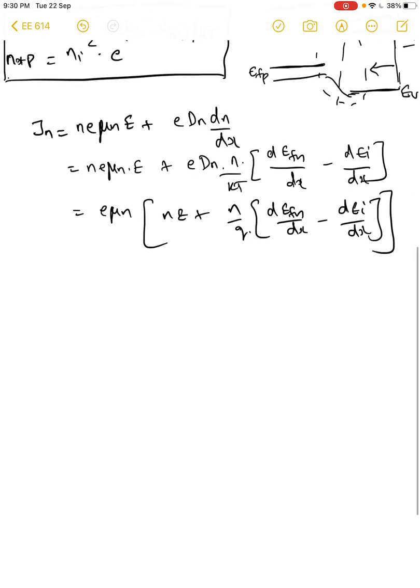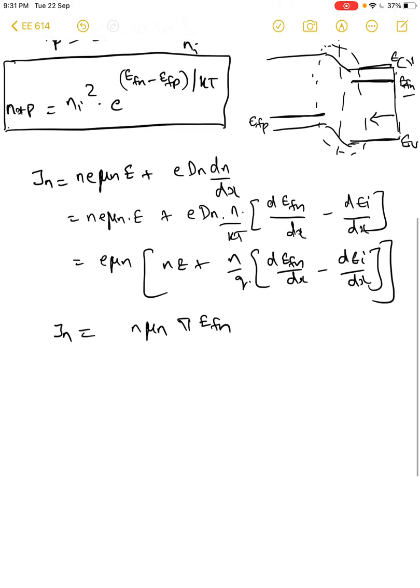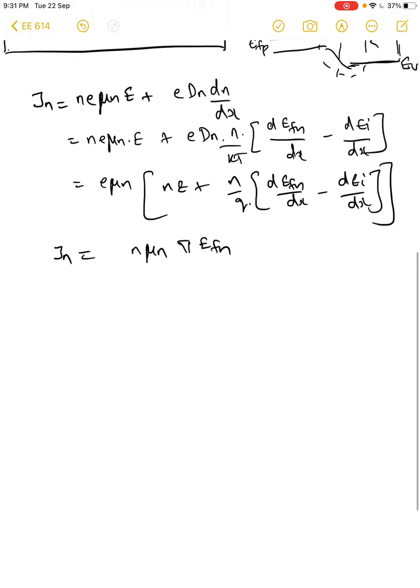We have previously seen this, which will finally give us the expression for the current JN is n mu n del EFN. So basically the current in this junction is the gradient of the quasi Fermi level on the n side. The same thing can be written for the p, will be p mu p del EFP.